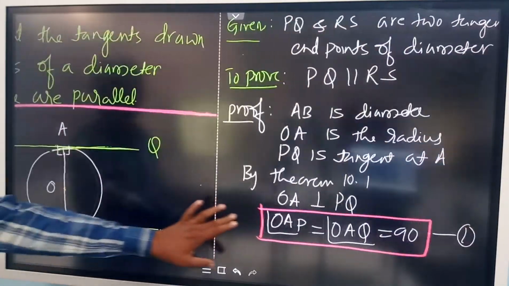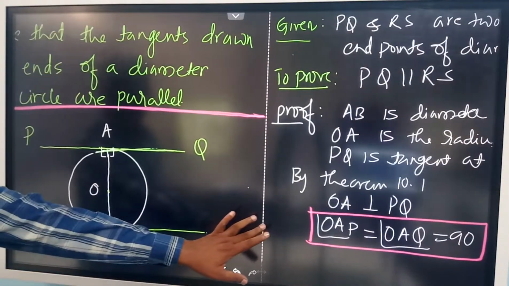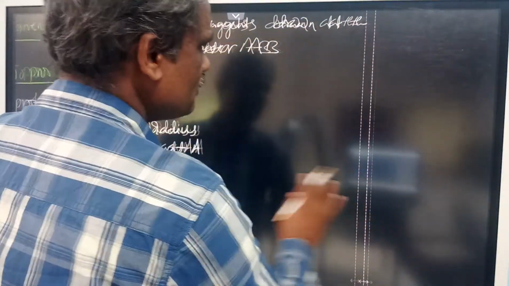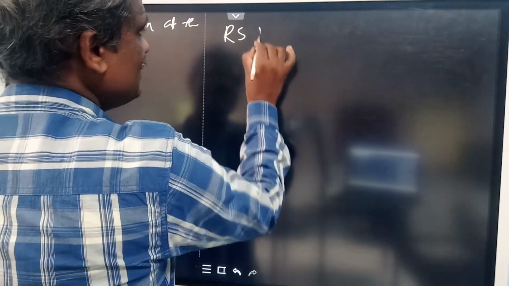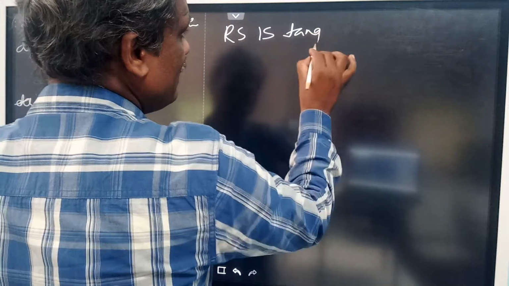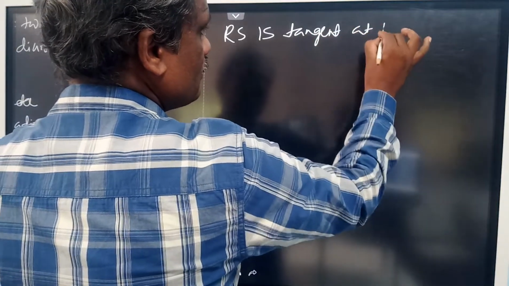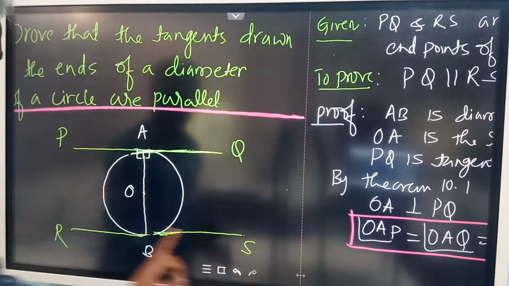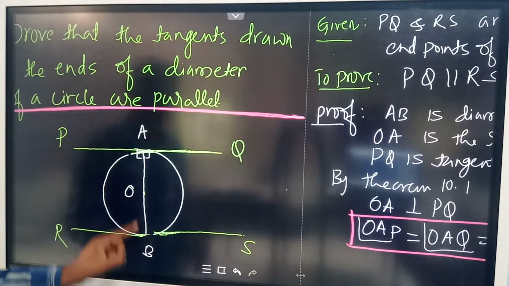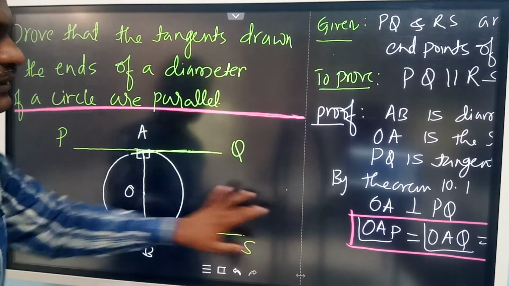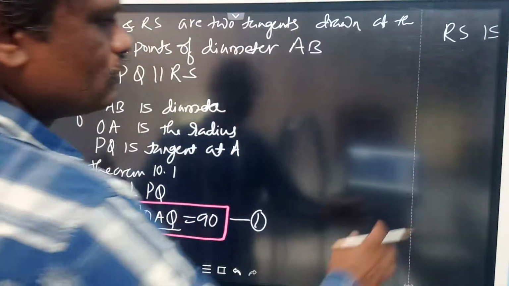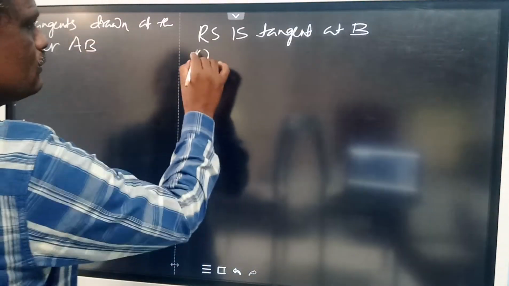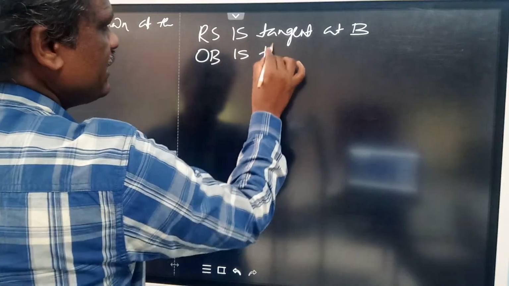The same way, RS is tangent at B and OB is the radius. So OB is the radius.